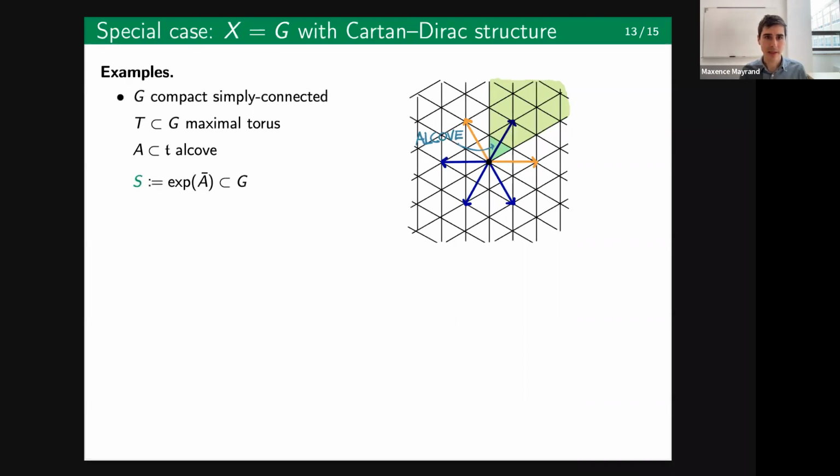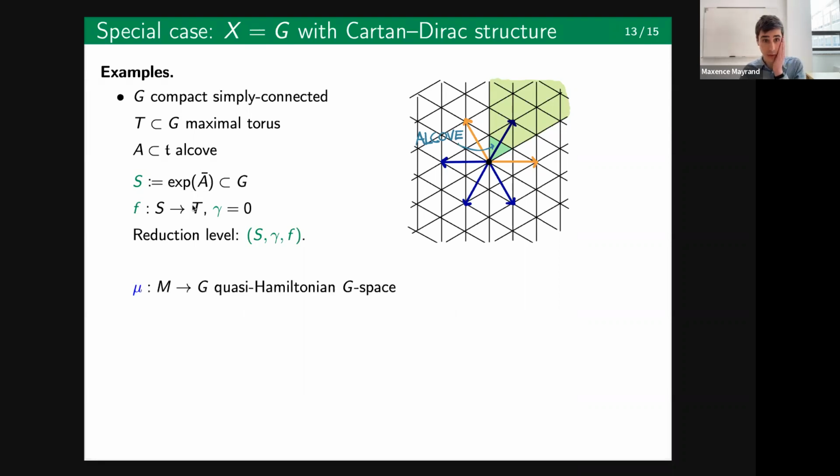Then our S will be the image of the closure of this under the exponential map. That's a submanifold of G, and it has a map to the torus. Then we can take gamma to be 0, and this gives a reduction level. So S is a submanifold with a 2-form and a map to another Dirac manifold.